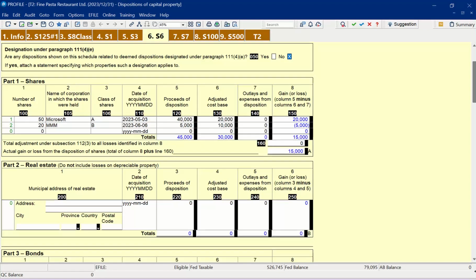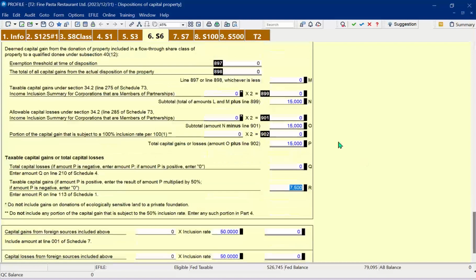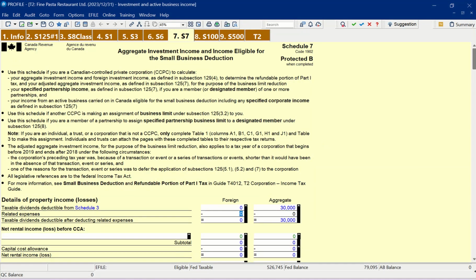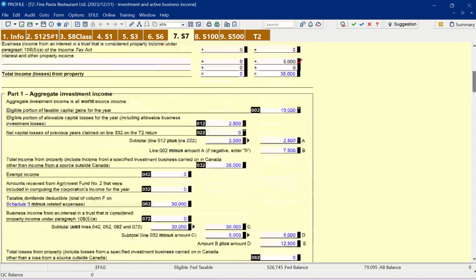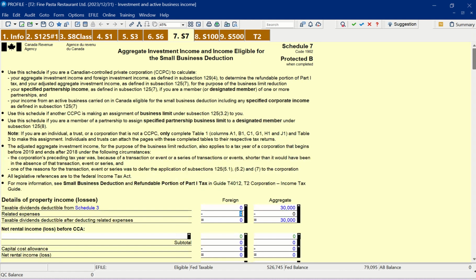You can see that over here. It just simply calculates the taxable capital gain after the capital loss, the total taxable capital gain after the capital loss. And then we have Schedule 7, where we showed the capital loss. This is the Schedule 7.